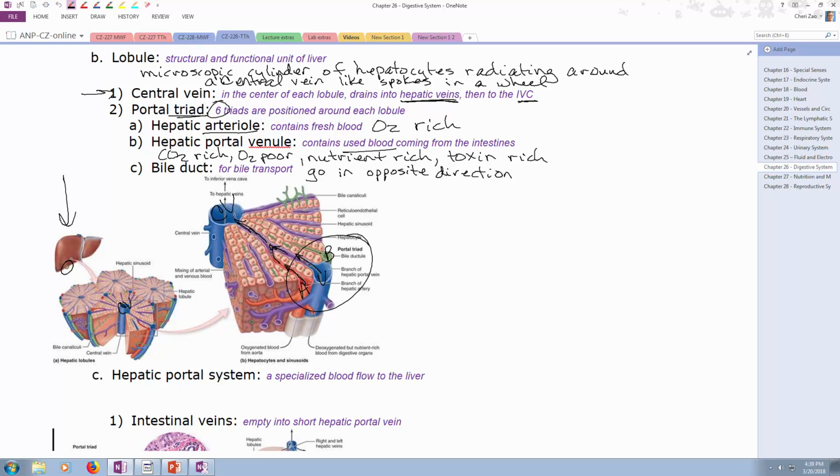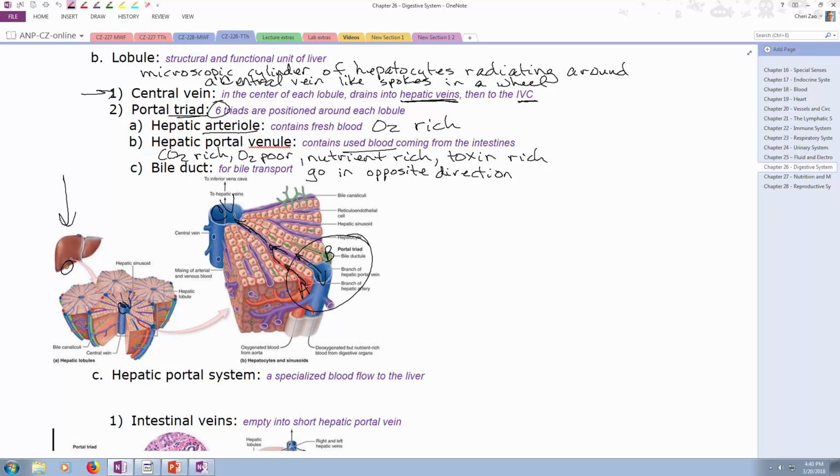So we are mixing arterial blood and venous blood, but it's still enough for the liver cells to get the oxygen that they need, to get the nutrients that they need, and then to actually process the toxins and to repackage the nutrients, to allow this nutrient-rich blood, with proper processing of the nutrients into forms that are now reasonable to send to the heart, to send to our systemic organs.